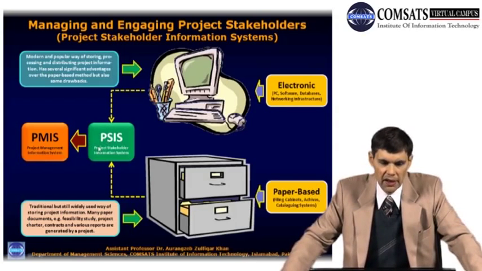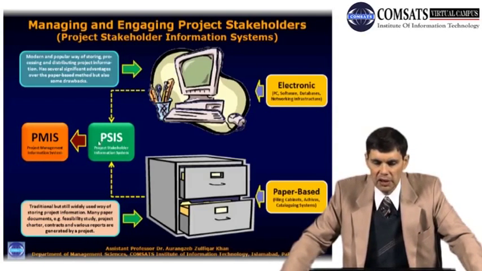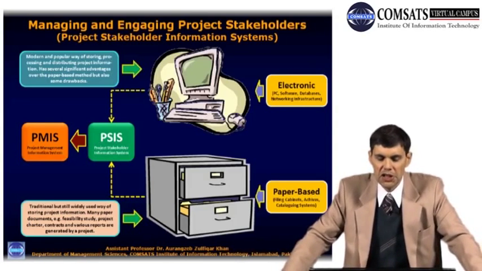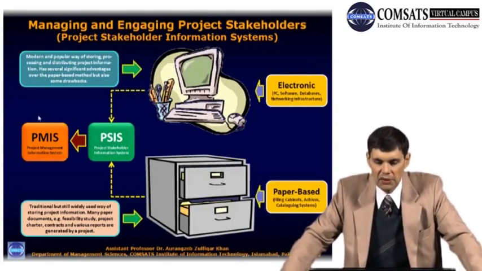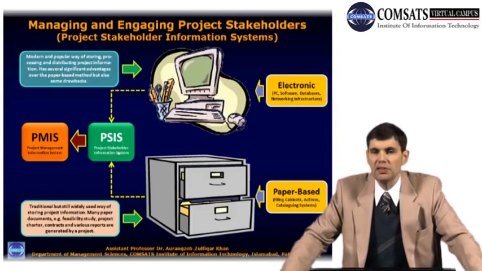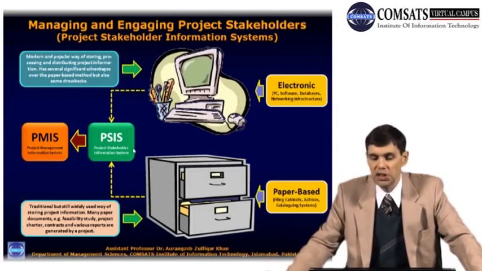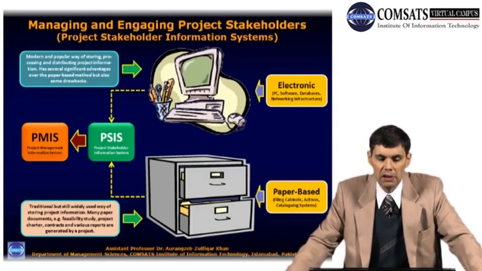And of course you can have all kinds of sub areas under here. You can have, for example, an area which contains all the identification information of stakeholders. You can have another area which has all the analysis information or evaluation information or strategy information and all the changes which are occurring over time and so forth.